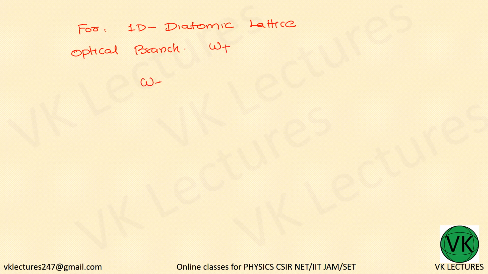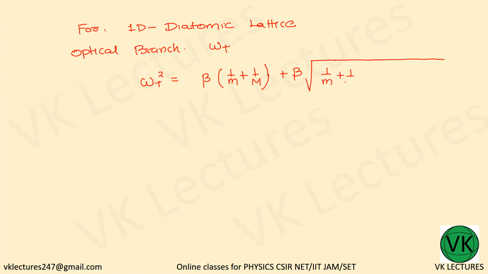So omega plus square, as we have discussed, is equal to beta times (1 by small m plus 1 by capital M) plus beta into root of (1 by small m plus 1 by capital M) whole square minus 4 sine square Ka by m.